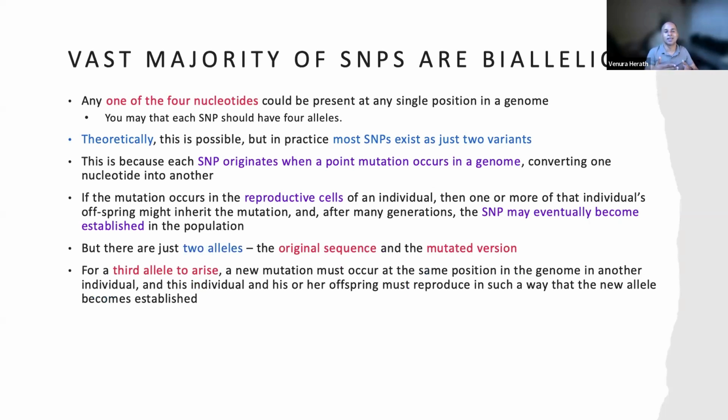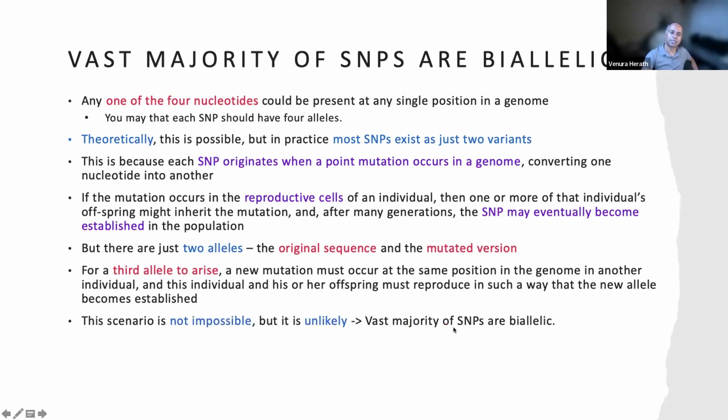Then it needs to go through the same process: you need many children over the generations, and only then is it going to get established in the population. So this scenario is not impossible but highly unlikely. Therefore, most SNPs are going to be biallelic.